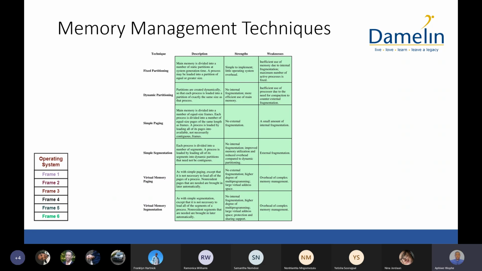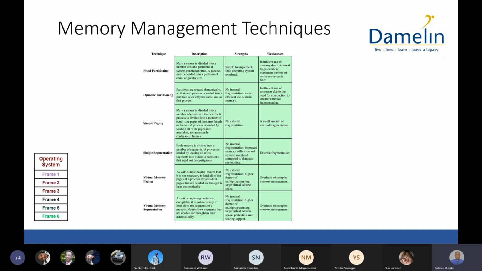The only time pages will be left behind is if the RAM doesn't have a choice because it doesn't have enough frames to accommodate the other pages. So it's going to leave them behind, and then the concepts of virtual memory will kick in.